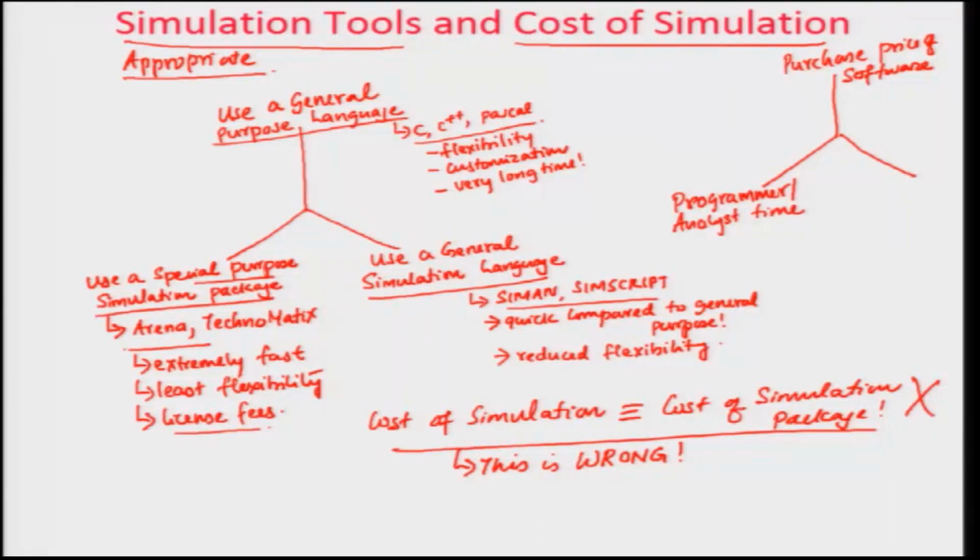Time is another aspect, and the last one is relevancy of results. If the results are wrong at the end of the study, then you have to redo everything. So, these are the three aspects that determine the cost of the simulation.